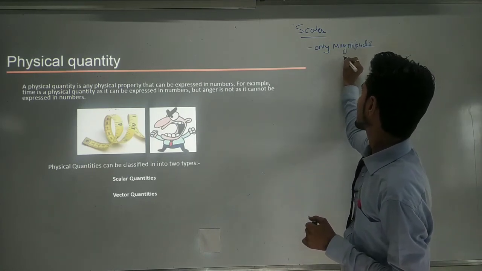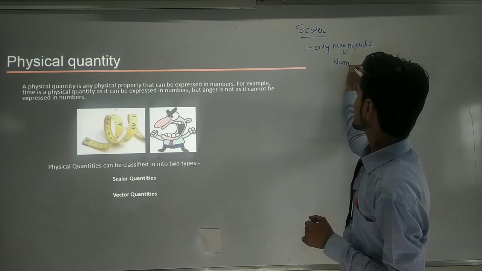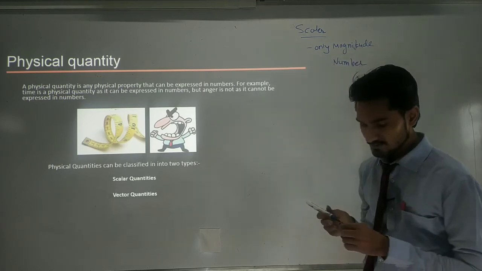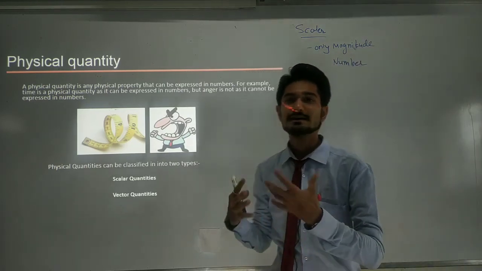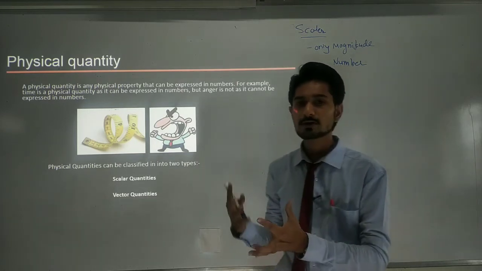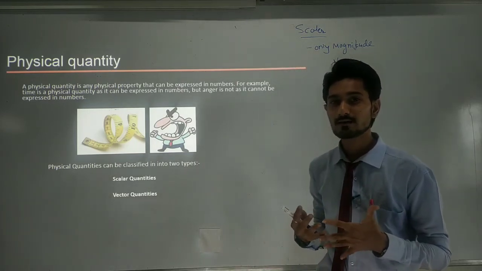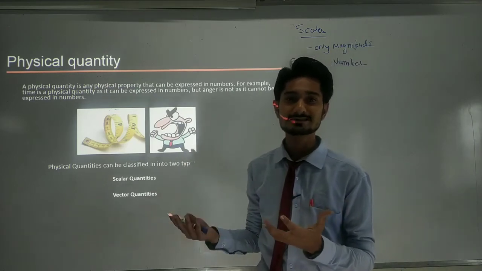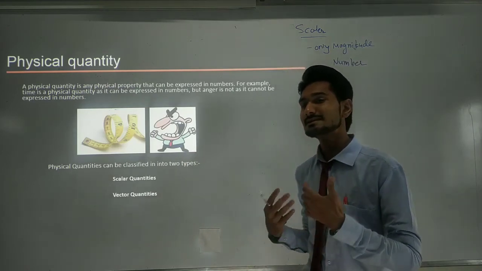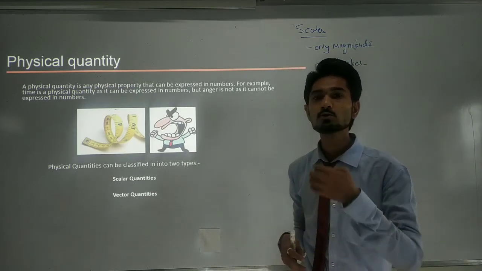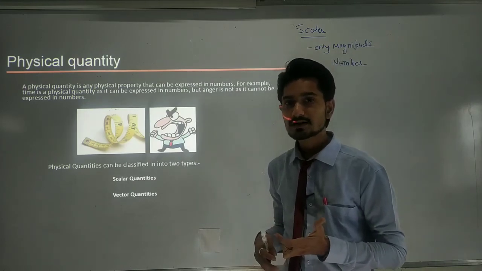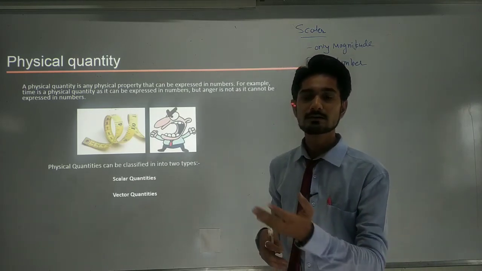For example, if mummy goes to the bazaar, and she wants to buy mangoes or apples, then mummy will say to the shopkeeper, please can you give me 2 kilograms of mangoes, can you please give me 3 kilograms of apples.